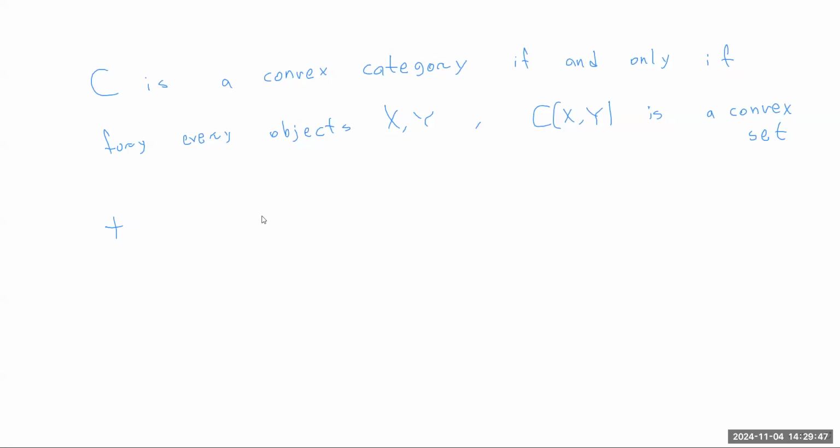If we have x, y, z, for every x, y, z, let's say we take the composition in this category, and of course for each one we have the structure of being convex, this pi corresponding to this one from here.